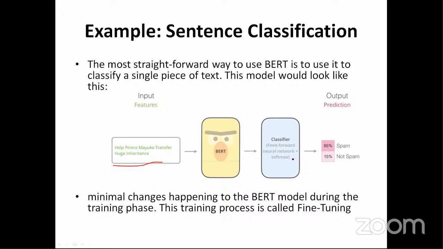What kind of changes can you make in the BERT model according to the data set? When you are developing the BERT model in the training phase, you can change the BERT model with your existing data set as input. This process is called fine tuning.